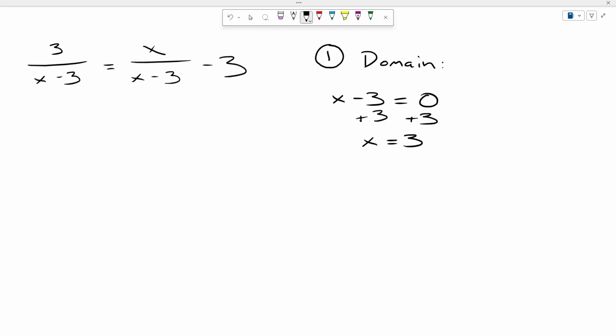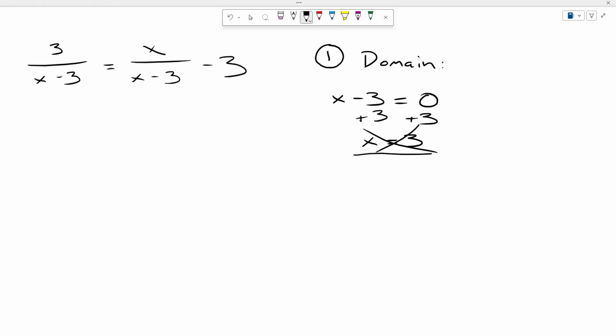That's a no-go. So by doing the domain first, figuring out what makes the denominator 0, now we're mindful when we solve this that if we were to get 3 for our answer, we can say, no, that does not work. x cannot be 3.